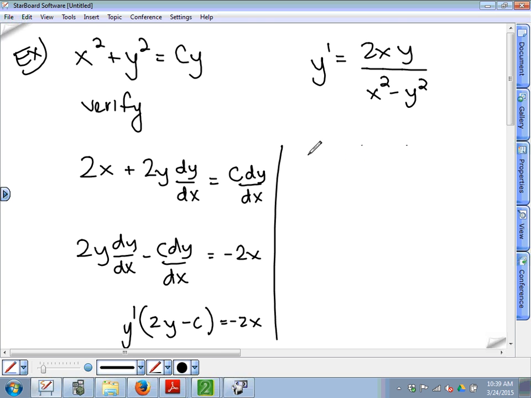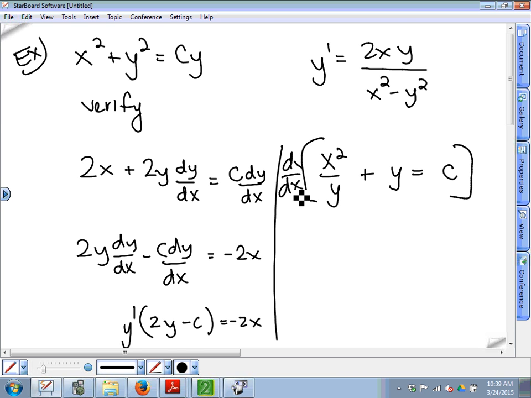Wait. So x squared over y plus y squared over y, which is just y, is equal to c. Now what if we differentiated this with respect to x? So you'd have to do a quotient rule, not a product rule.